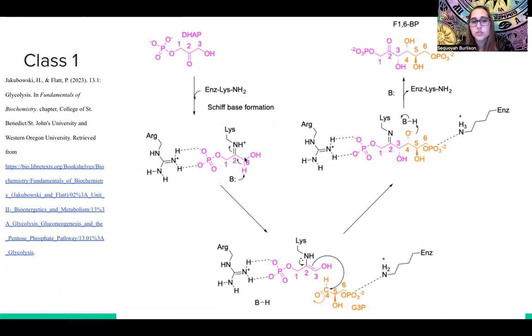This is our Schiff base formation, right? So the base transfers its electrons, and then there's a chain. We follow the arrows for the electrons. Boom, we're able to bond DHAP with GA3P. Now we have the bond, and then we return the electrons back to the base, and the enzymes are able to release our now fructose 1,6 bisphosphate.